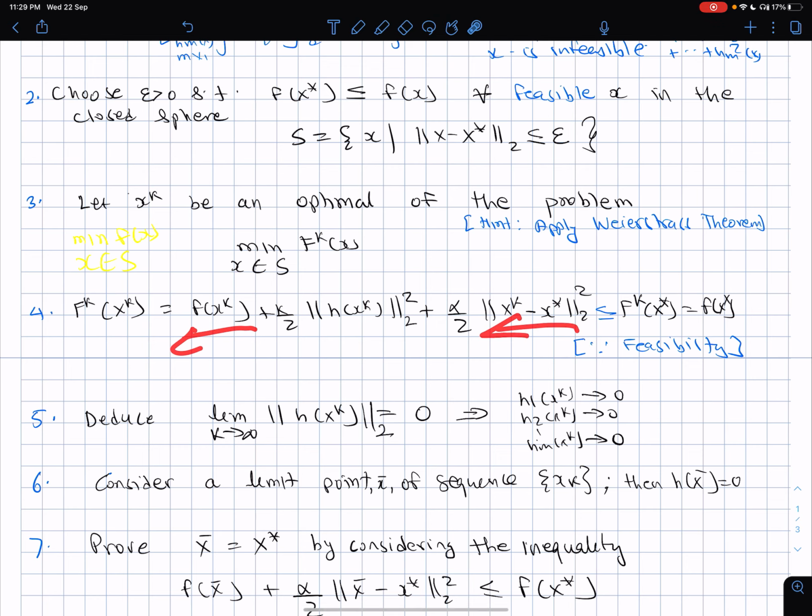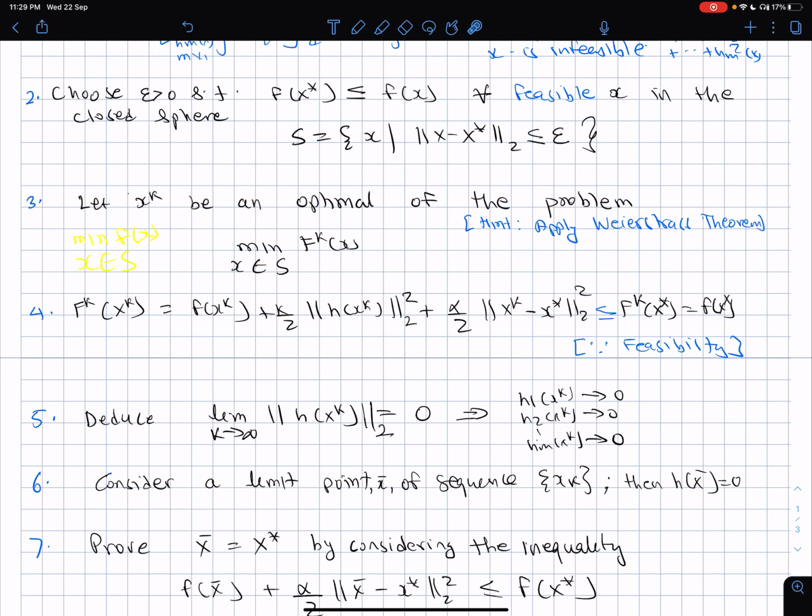This can only go up to 0, and this thing is rushing to plus infinity. Then this whole thing will rush to plus infinity. And therefore the step 4 that we have deduced, that f_k of x_k is less than or equal to f of x star, will be violated if this vector doesn't go to 0.